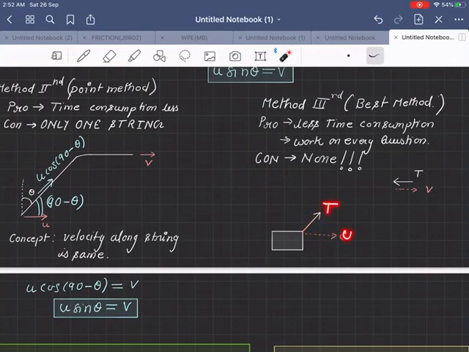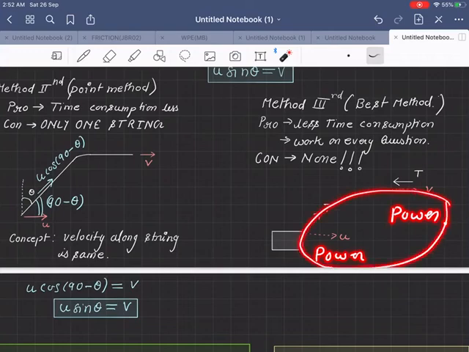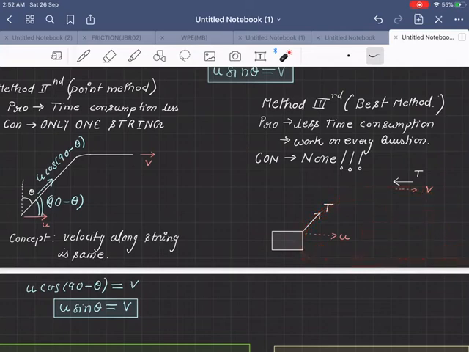Because we have tension and velocity, power here and power there. You might have realized something, that tension is an internal force, and the total power by an internal force, or should I say total work done by the internal force, is always equal to 0. So there we go, total power is going to be 0.